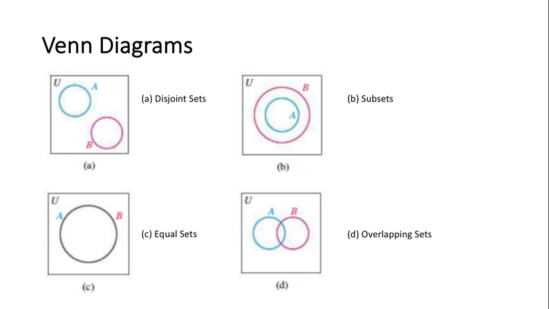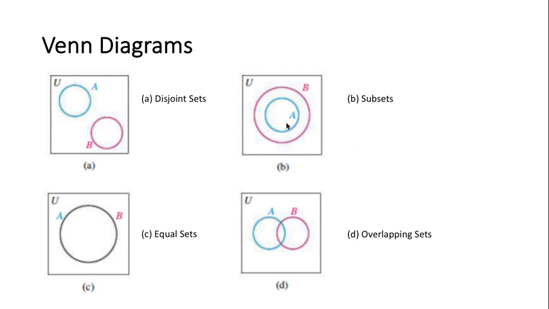An example of this might be where the universal set is the set of students that take classes at Triton. Then A would be the set of students that are in math at 9:30 a.m. on a Monday, and set B would be those students that are in English at 9:30 on a Monday. Those students wouldn't overlap. You're either in math or you're in English. So we say those 2 sets are disjoint.